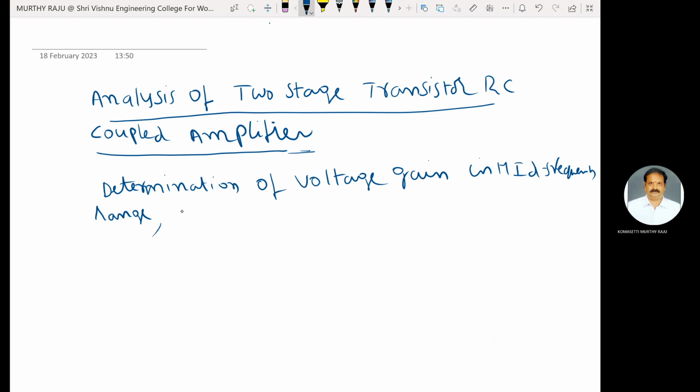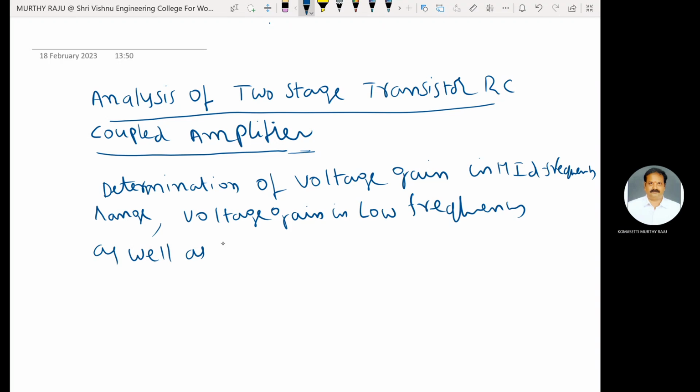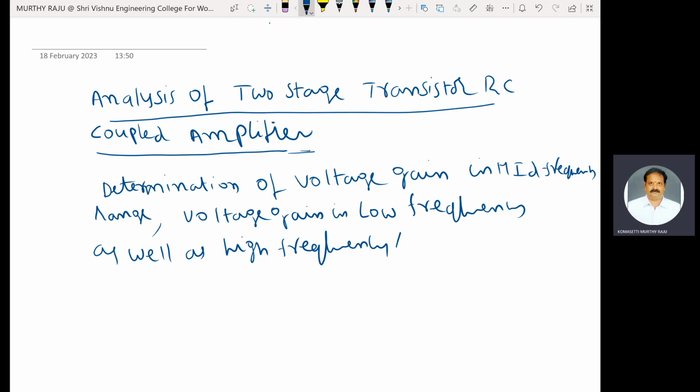Also, voltage gain in the low frequency range as well as the high frequency range.